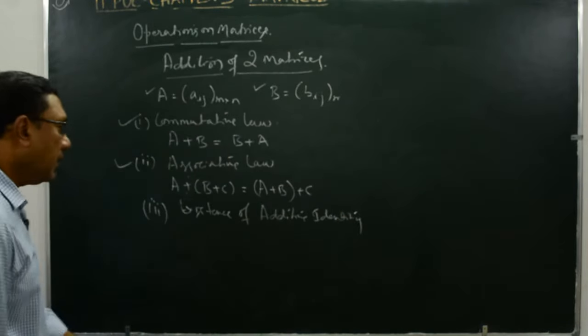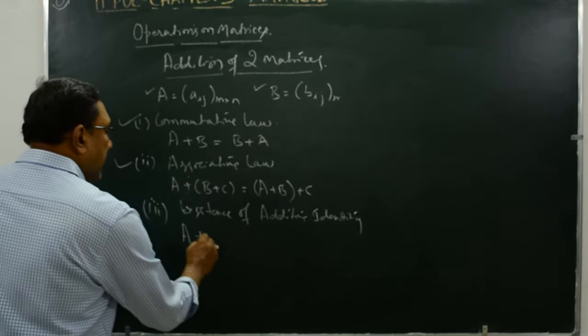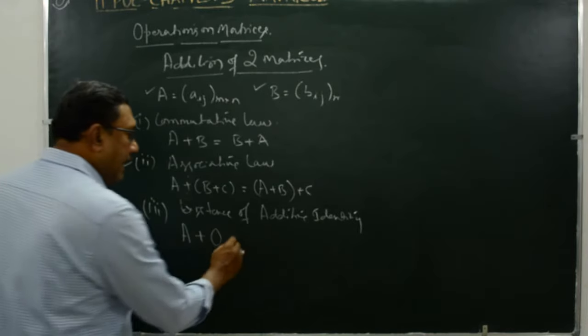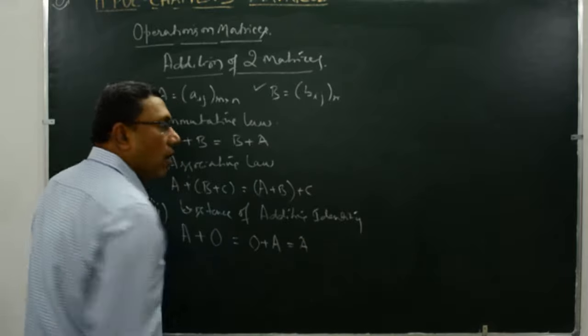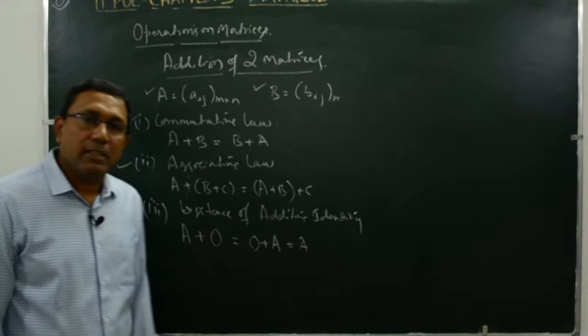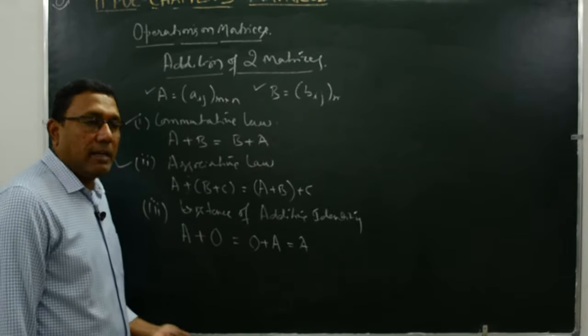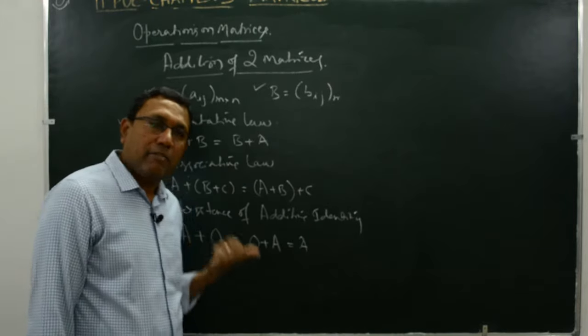Consider a matrix A of order m by n and also consider the null matrix of the same order. When you add 0 plus A, it should always be equal to A, where 0 is a null matrix and A is a matrix of order m by n. This kind of property is called the additive identity of a matrix.